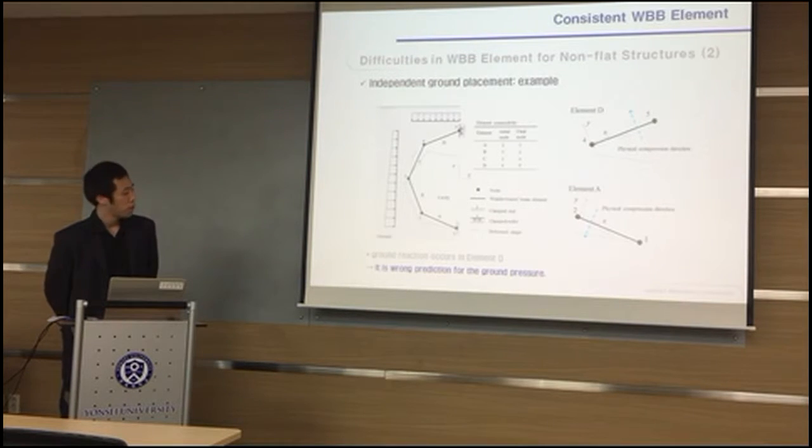However, due to the phenomenon I mentioned in the previous slide, the ground reaction occurs in element B. This is a wrong prediction. Thus, the problem related to independent ground placement leads to an incorrect solution, even not a composite result.